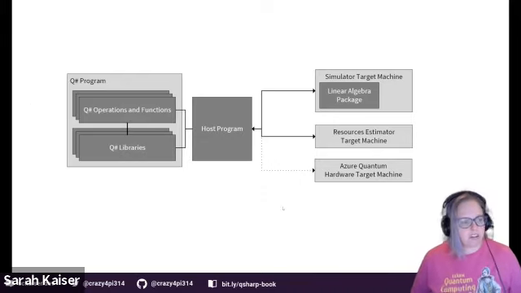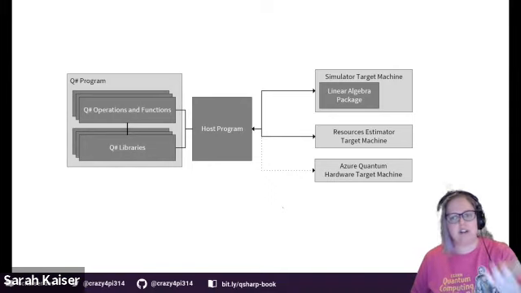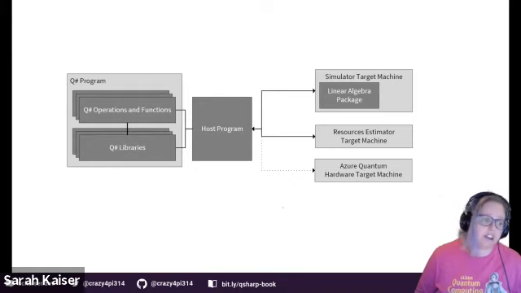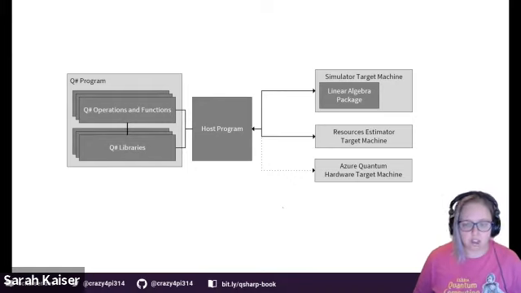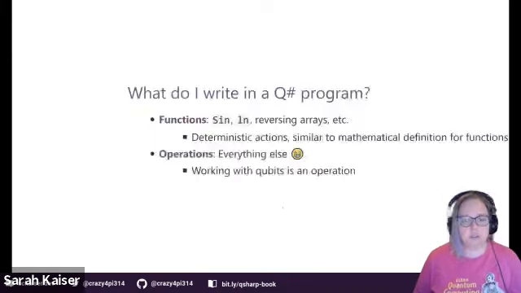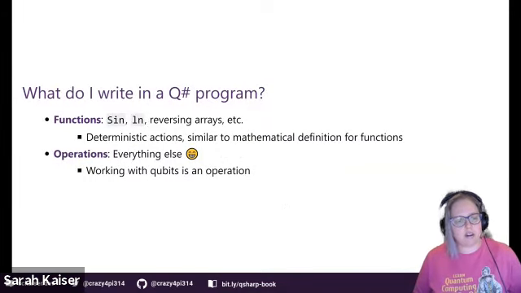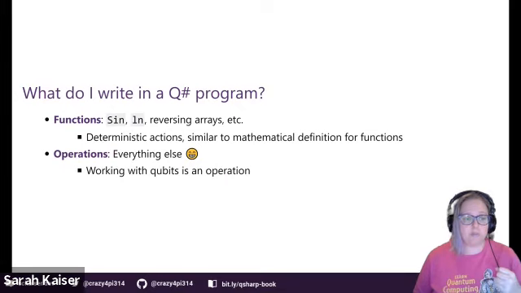So this is basically what it's going to look like. We're going to write a program, we're going to pick a target machine, and we're going to let a host program, or just the command line, handle shuffling between the three. As you saw from that diagram, there's basically two things you're writing in Q#: functions and operations.